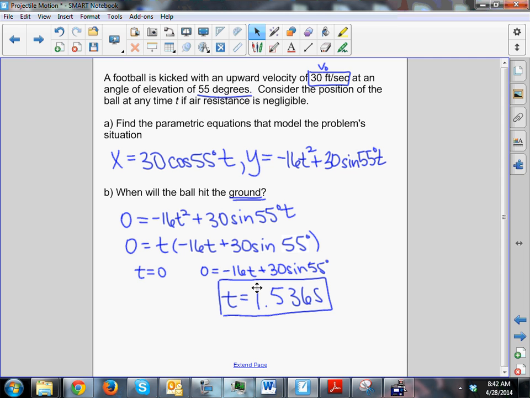Now, if we had an initial height, we would have plus a constant here. What would be your method of choice to solve that quadratic? Oh, I would do the simplification of the quadratic formula?